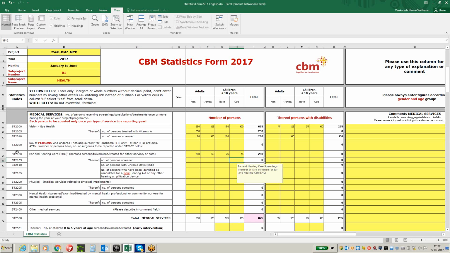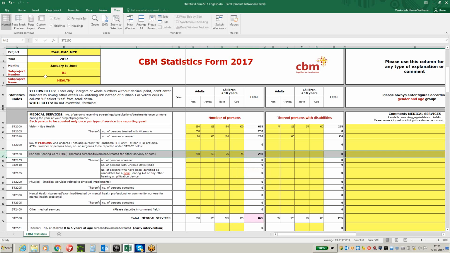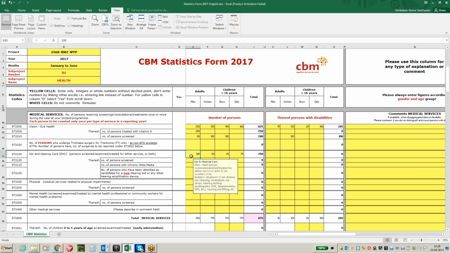This is the total number of persons reached in this semester, in this year, by this project in EHC. There might be a case where a person is receiving both vision services and EHC services. Then he should be counted under both lines. Is it clear? If a person is receiving both vision and EHC, then he will be counted once here and once here.